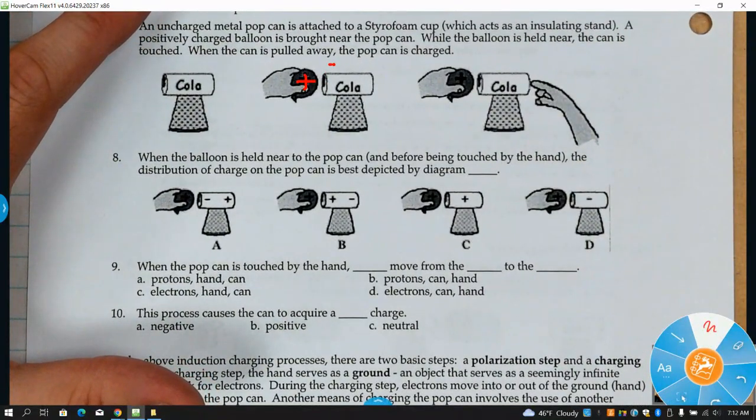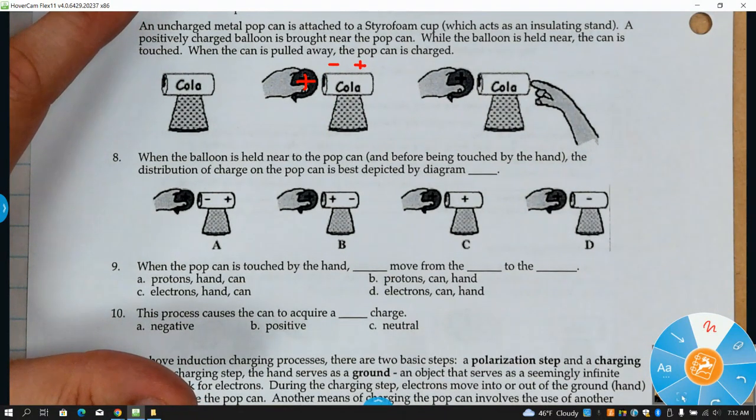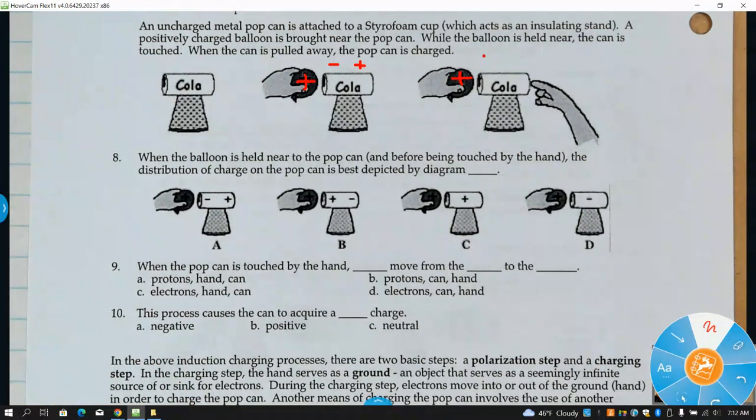Positively charged balloon. The electrons in here are attracted to it, so they go towards the left side of the can, which leaves the right side overall positively charged. Negative and positive. So we make a path to the ground. This right here is positively charged. So if we're making contact on this side, we could say that the electrons are attracted to that.